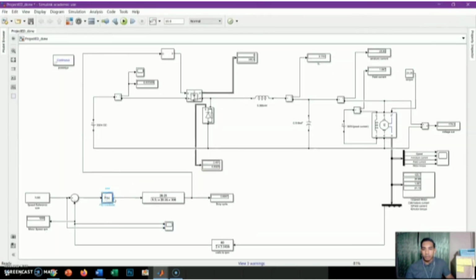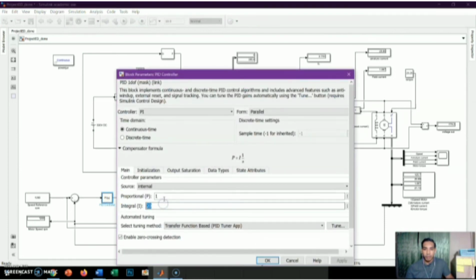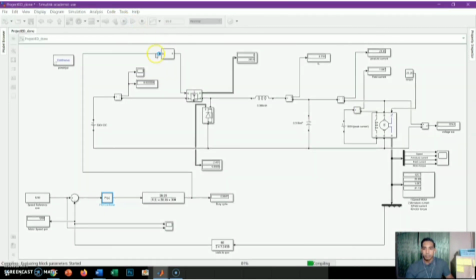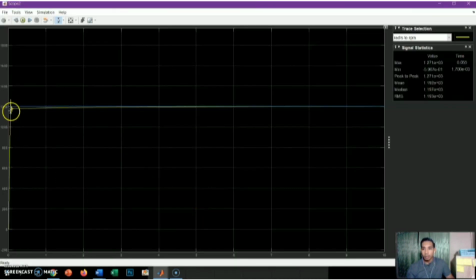Let's see what happens if the PI controller is set like this. Okay, we can see the result. The voltage output changed to 183.3 volt, and the motor speed is the same as the speed reference, but we can see in the graph there is overshoot here.